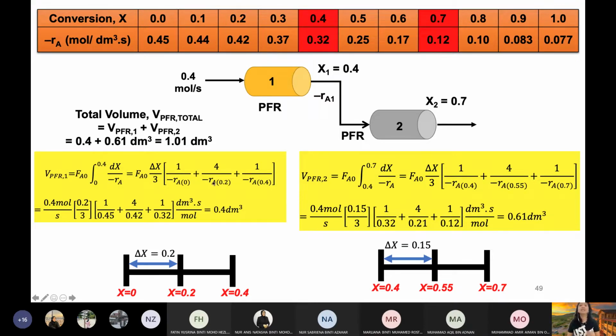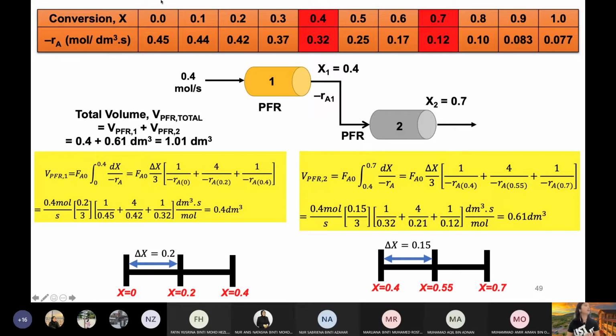Okay, next delta X. So how to find delta X? So again, between 0 to 0.2 or 0.2 to 0.4, between my initial to middle or middle to final, the gap. The gap from 0 to 0.2, the difference is 0.2. Belakang pun sama, from 0.2 to 0.4, your difference is still 0.2. That's why your delta X is 0.2 divided by 3.